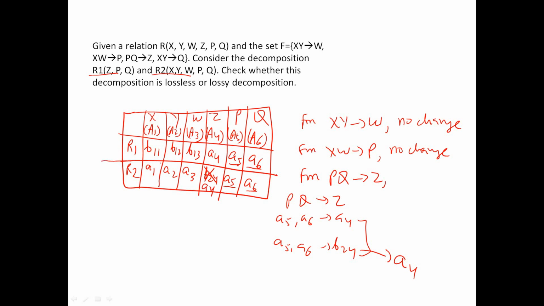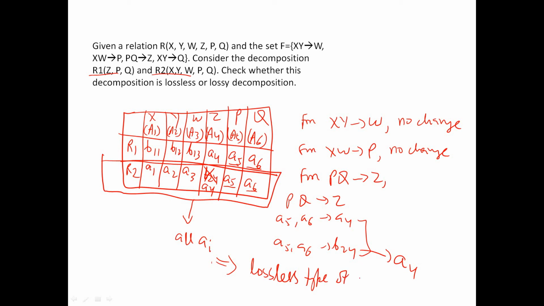So now students, you check in R2, I am finding all the a_i, right? So since I am finding all a_i, what can I derive here? I can derive that this is a lossless type of decomposition. So now the question is whether I'll use this concept for checking whether the decomposition is lossless, or I'll go for the primary key foreign key pairing.